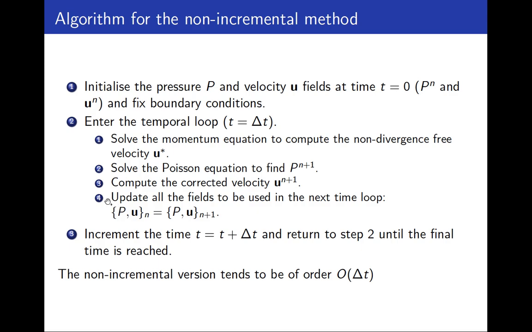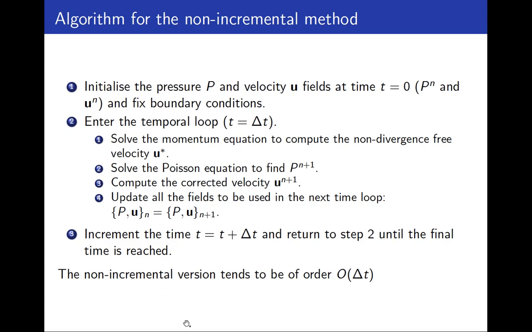Once you obtain this, you find u and p at n plus 1. Now you increment the time, adding delta t, and then you return to step 2. You enter the temporal loop again, solve these equations again, and obtain the new values of velocity and pressure, and so on, until the final time is reached.